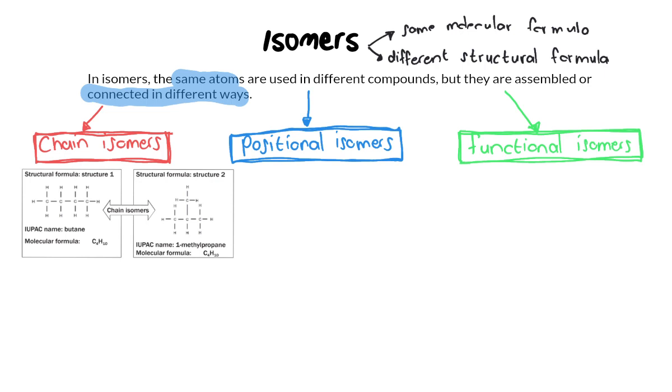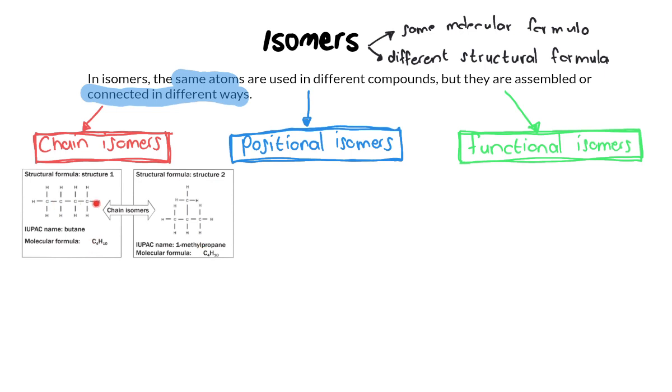It's just branched differently. So remember, when they ask you about isomers, they are going to give you one example. So they're going to give you an example of butane, and then they're going to ask you to either give the IUPAC name or the structural formula of its chain isomer. So you will then have to draw your own molecule, but it's fine. Just remember to draw the same number of carbons.